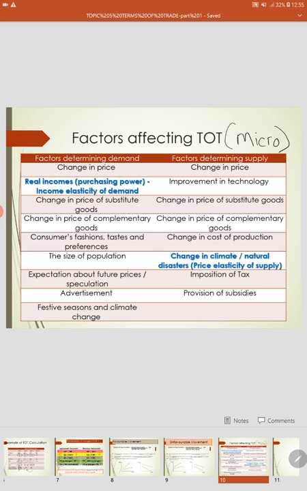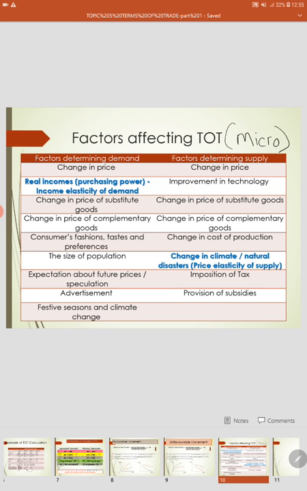So let's look at factors that cause changes to demand, which will definitely cause changes in price. For example, income. When real income changes, it's going to give effect to the demand for normal goods and luxury goods.